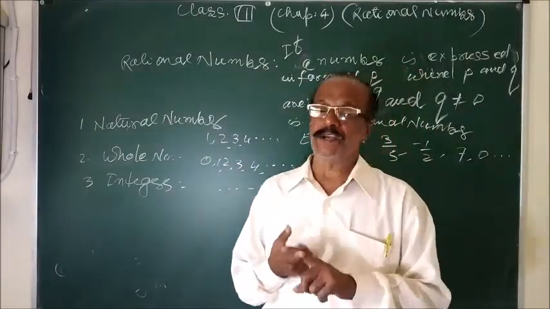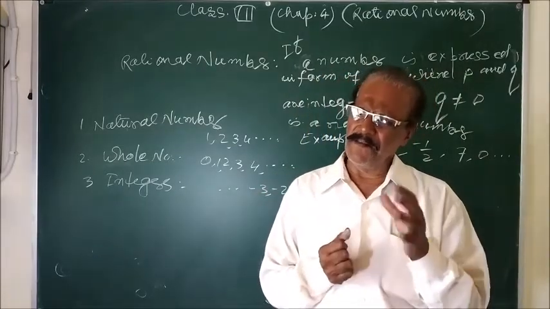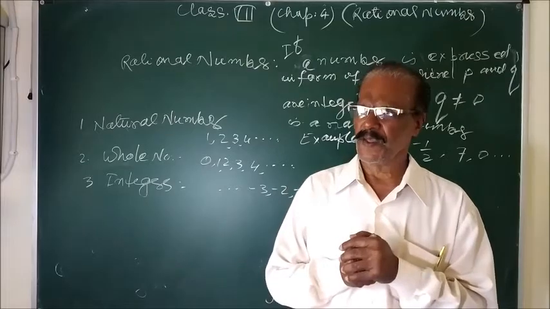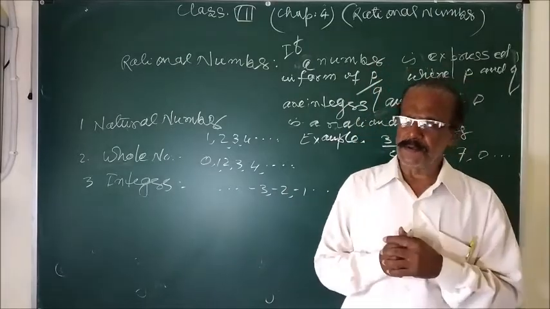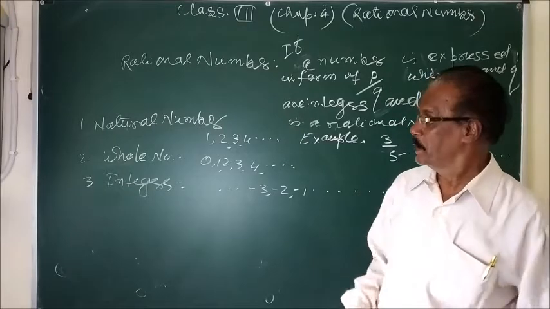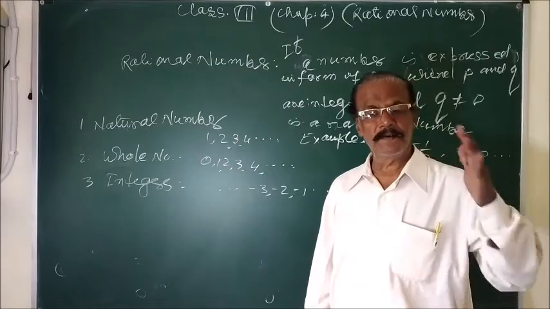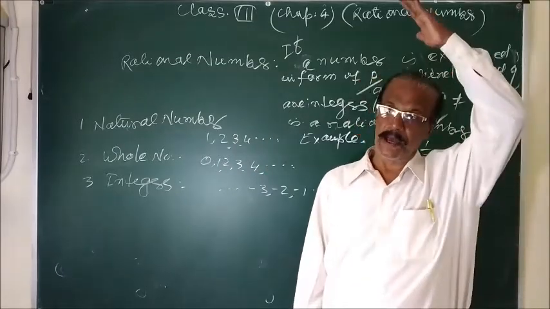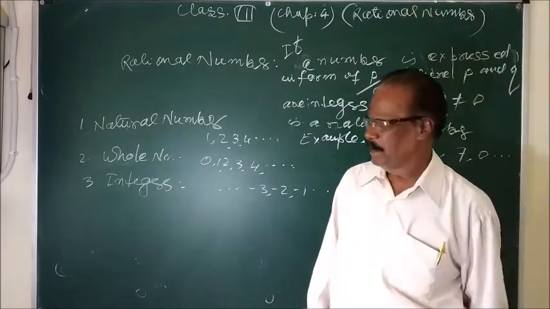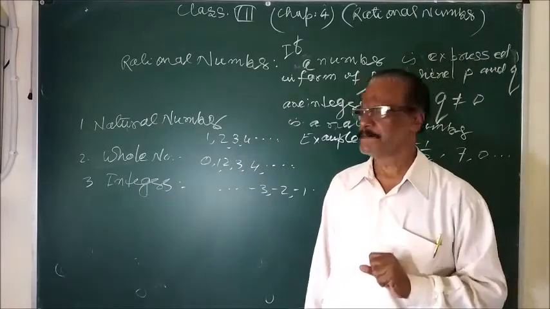Chapter 4, rational numbers. I will remind you in a few minutes what numbers you have learned so far in the previous classes. Natural numbers are all the counting numbers, 1, 2, 3, 4, and so on, uncountable. These are called natural numbers.